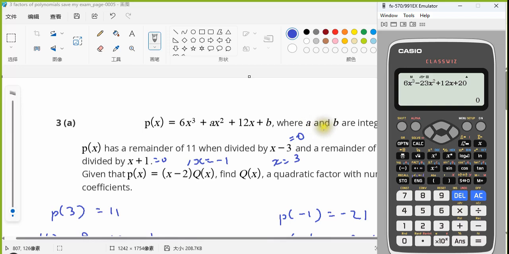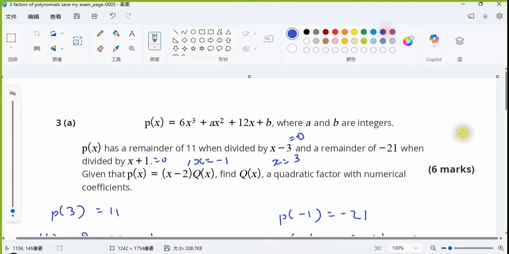And then negative 1, it will give us negative 21, and when it is 3, then we have 11. Yes, correct.